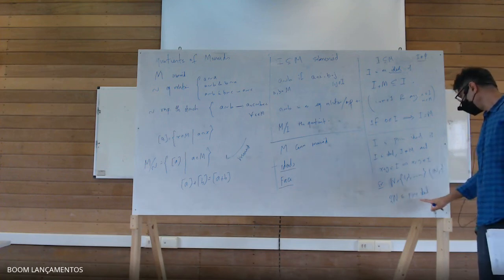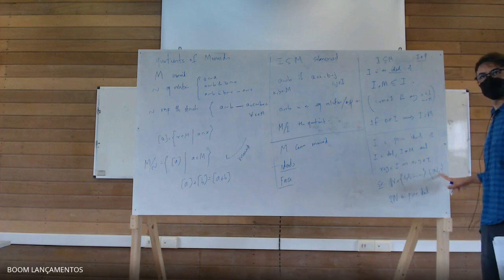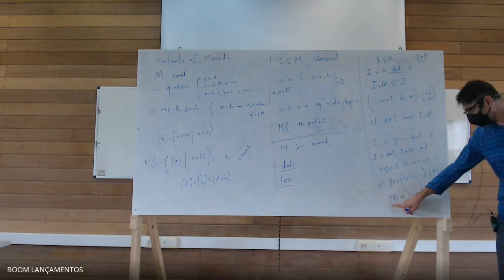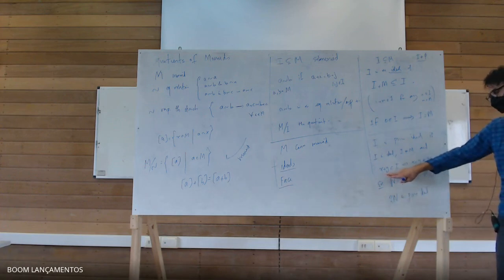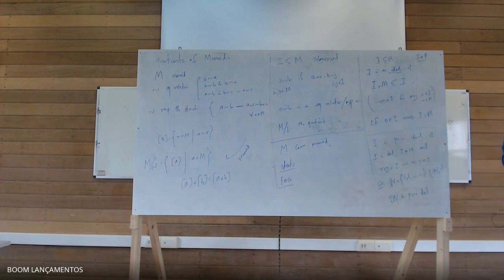This is the ideal of the monoid N with multiplication, right? And because 2 is prime, I can prove that if a product of two things is even, then one of them has to be even.